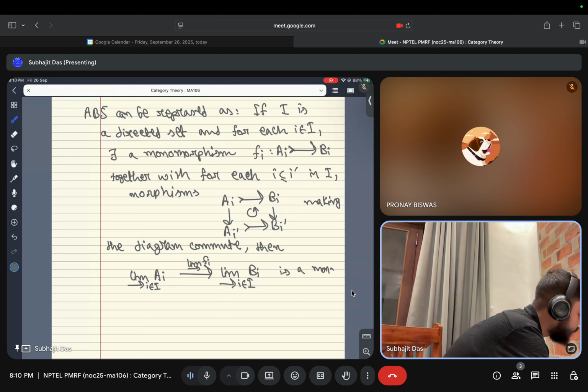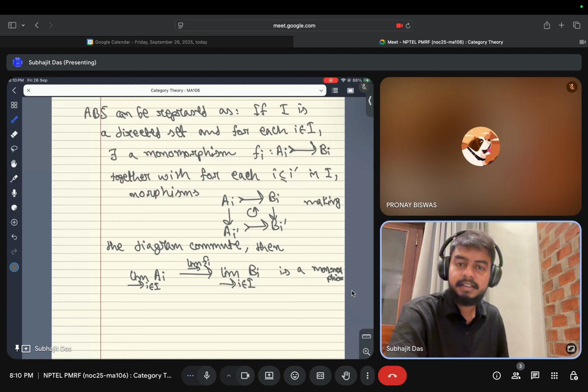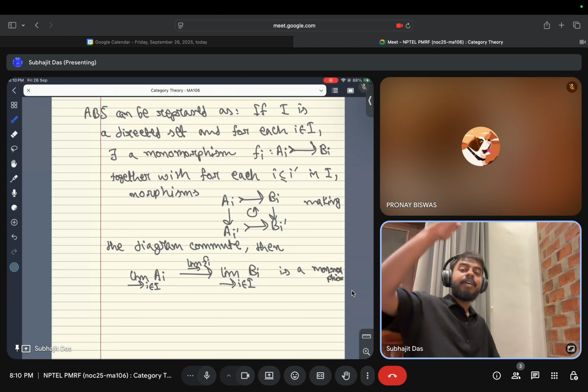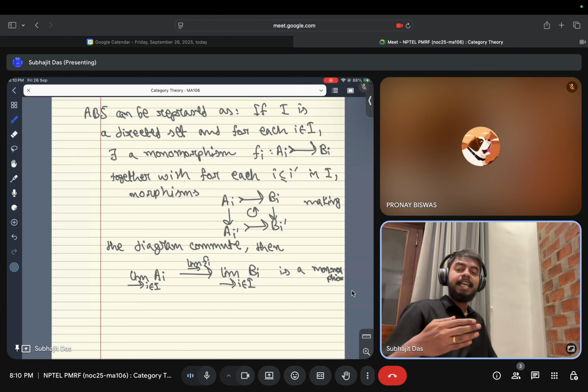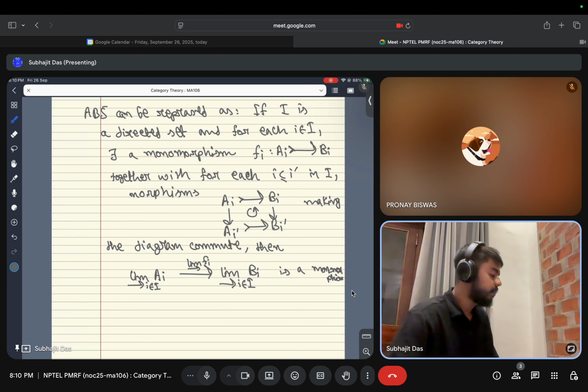This is actually enough. This is exactly equivalent to what AB5 says. If you have a directed family of monomorphisms, then monomorphisms are stable under taking direct limits.